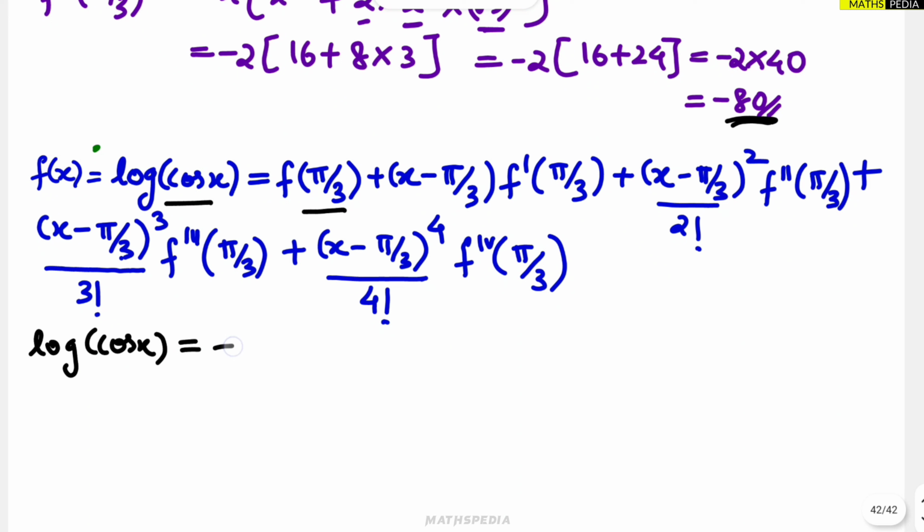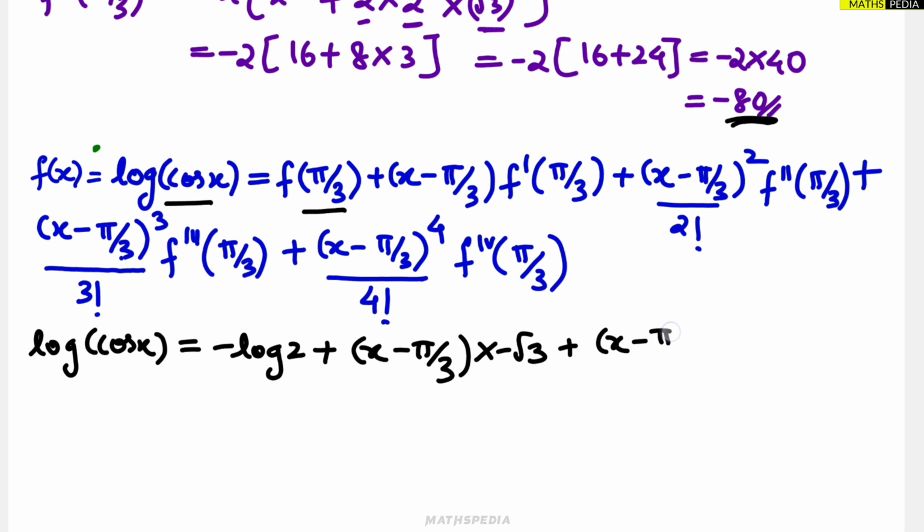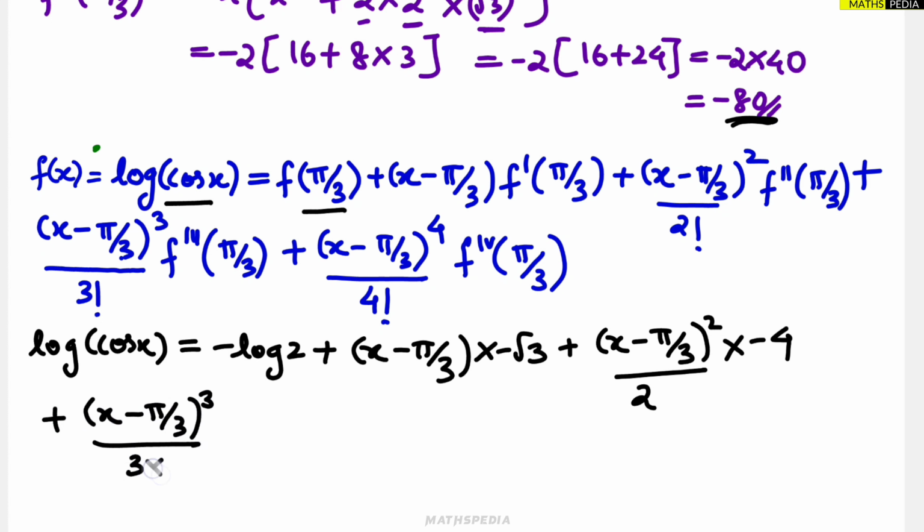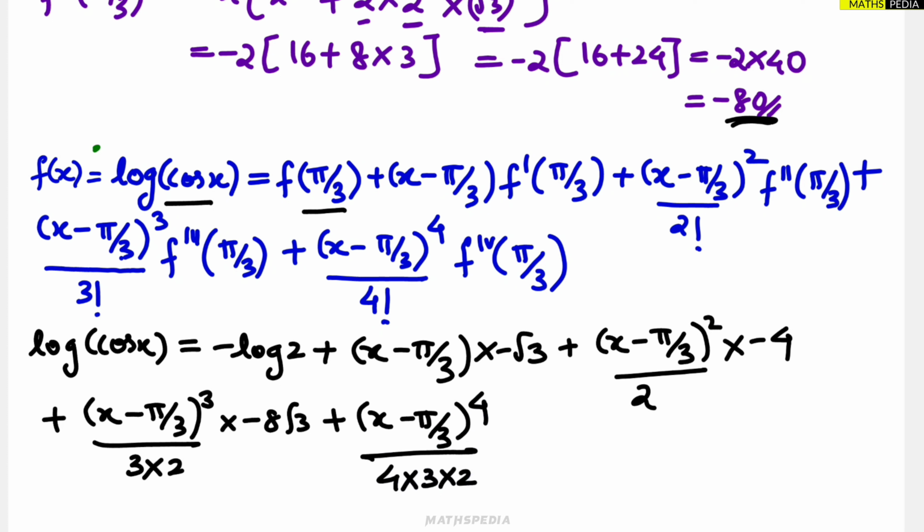So it will be equal to minus log 2 plus x minus pi by 3 as it is, then f dash we know the value as minus root 3, plus x minus pi by 3 the whole square divided by 2 factorial, that means 2 into f double dash, which we know the value as minus 4, plus x minus pi by 3 whole cube divided by 3 factorial, that means 3 into 2 into the triple dash, which is minus 8 root 3, plus x minus pi by 3 whole power 4 divided by 4 factorial, that is 4 into 3 into 2 into 1, into the fourth derivative value we just calculated, minus 80.